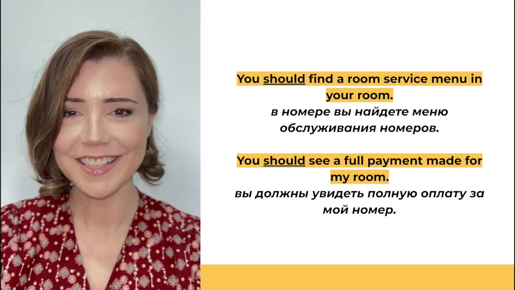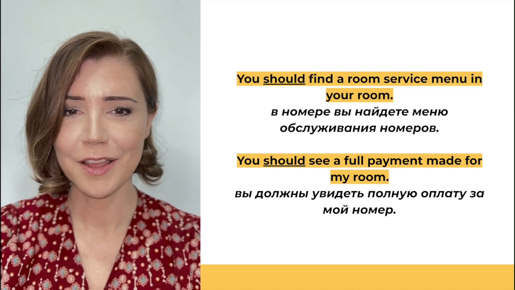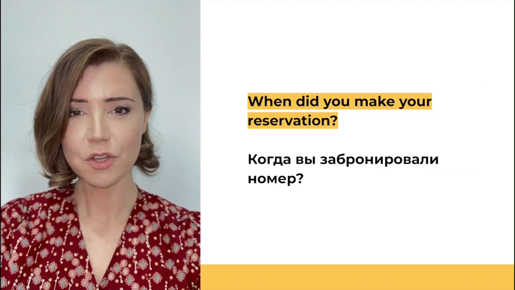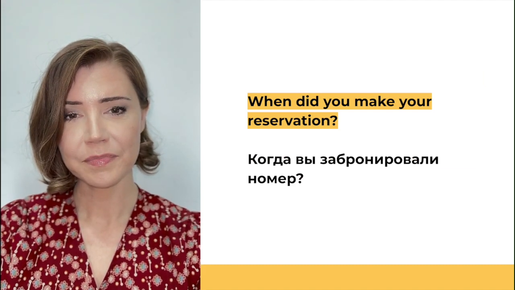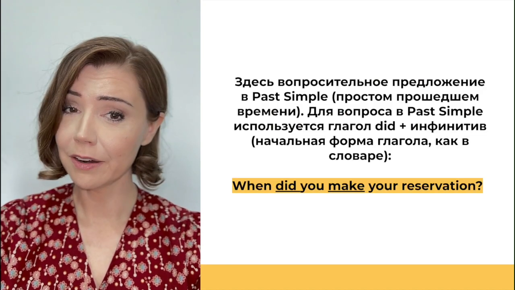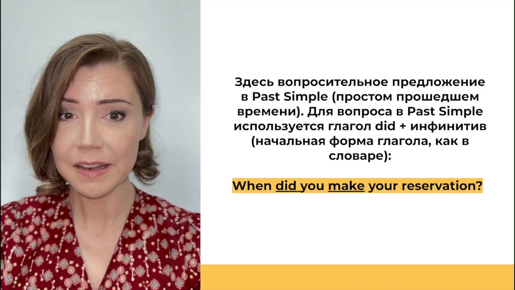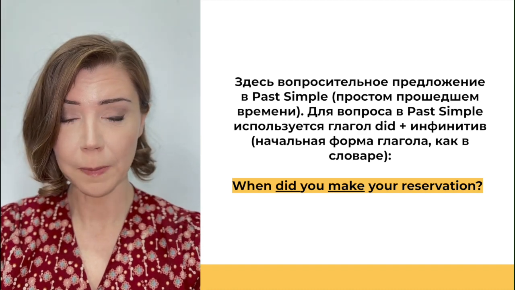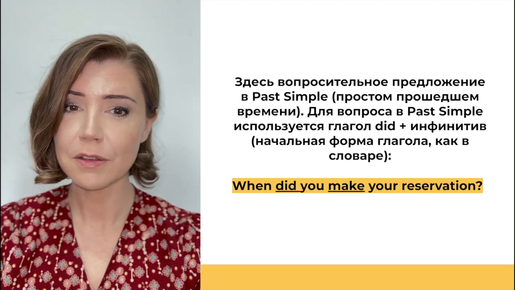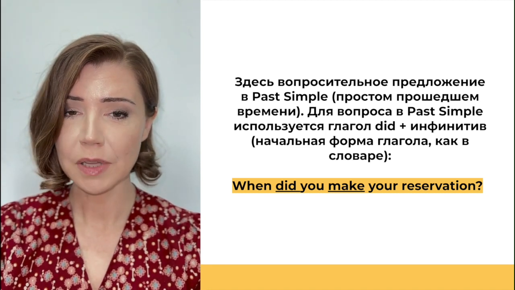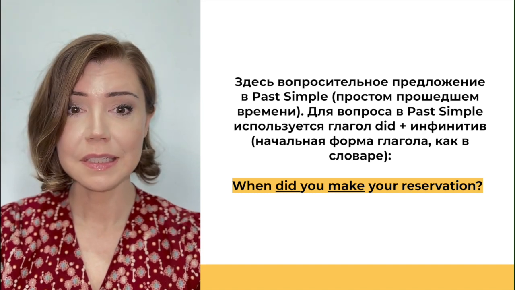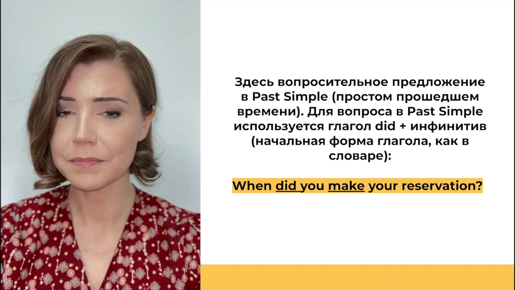Let's move to our next highlighted sentence. The hotel receptionist says this: when did you make your reservation? Here we have the past simple again, but in a question form. For past simple questions, you need the verb did plus the infinitive. In this example, did plus make.